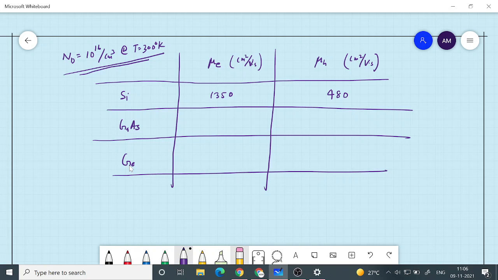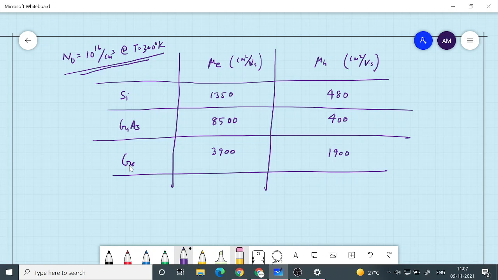Now, this table also gives a relative comparison with other materials. For example, gallium arsenide has very high mobility for electrons, whereas for holes it has very low mobility. Another thing, 3900 for germanium and 1900 for holes.